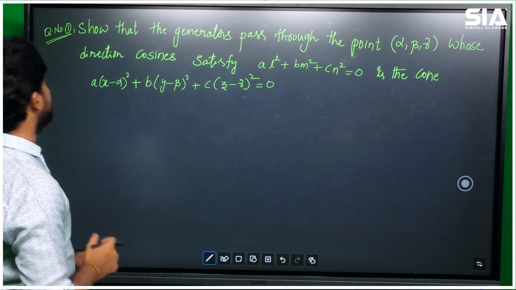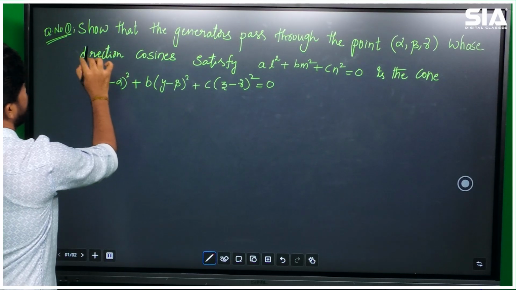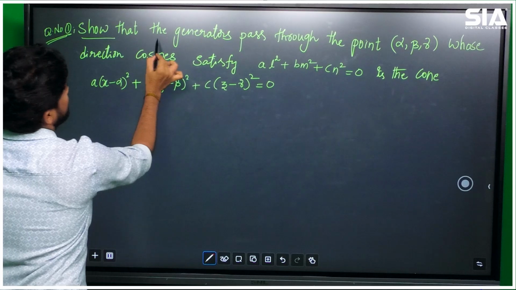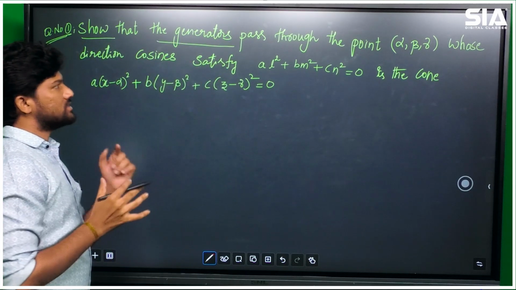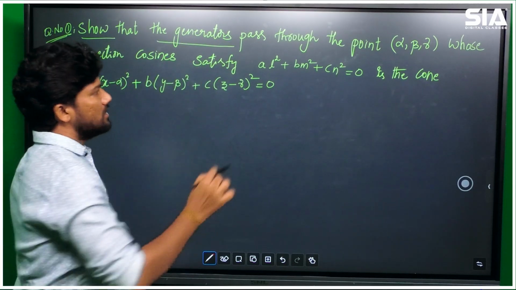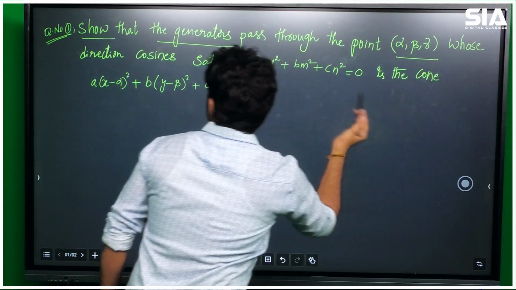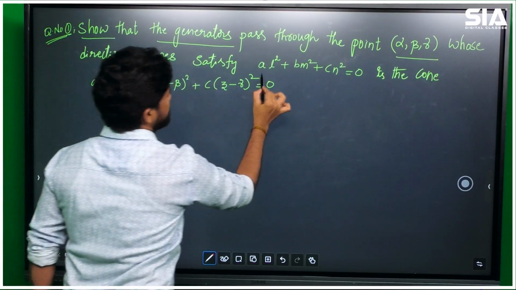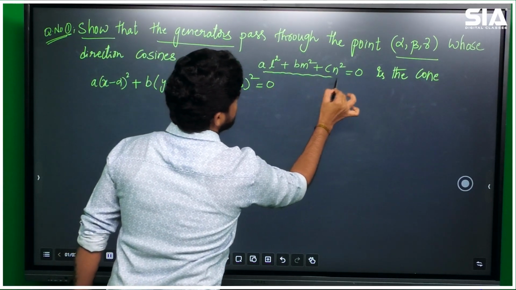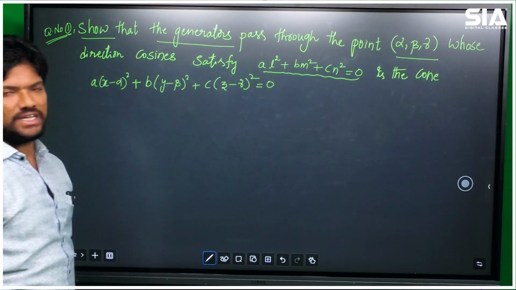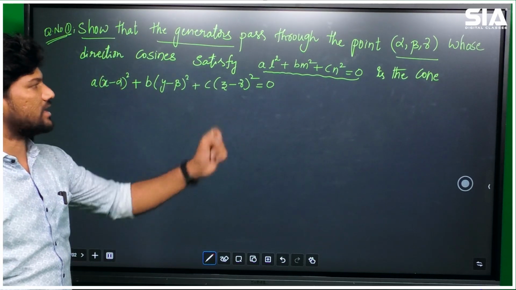So now let's see the next question in second unit. Show that the generators passing through the point alpha, beta, gamma whose direction cosines satisfy the condition a l square plus b m square plus c n square equal to 0. That is the given condition.